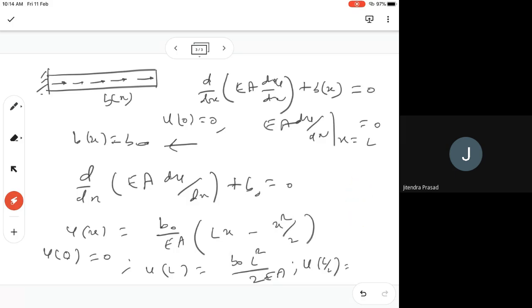So what do you get? 4 minus 1 over 8, so 3 over 8 b naught L square over EA. Okay, so we got these three values.